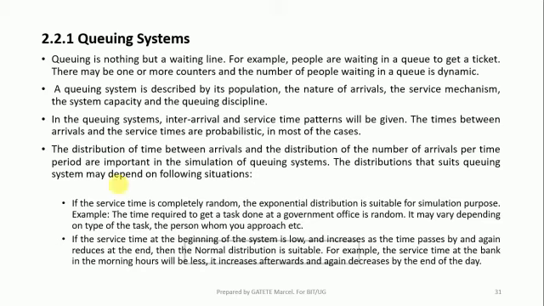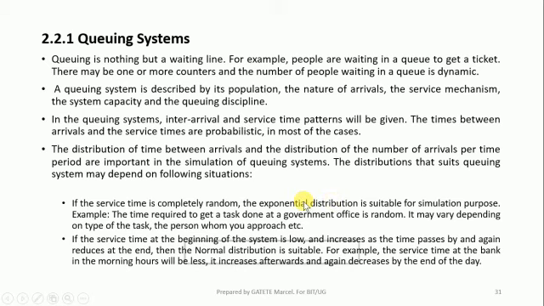For example, if the service time is completely random, the exponential distribution is suitable for simulation purposes. If we have a service time which is random, it means that you can serve anybody, and we are going to use the exponential distribution.